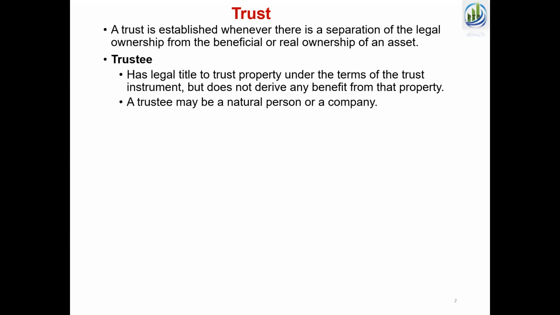So if you want to do your business with limited liability, you may go with a company as the trustee. If you don't worry about legal liability or limited liability, you may go as a normal person. You all know that, but the limited liability concept, for example, if you lose in your business, if you have some claim or losses, that can only be offset against company assets, right?